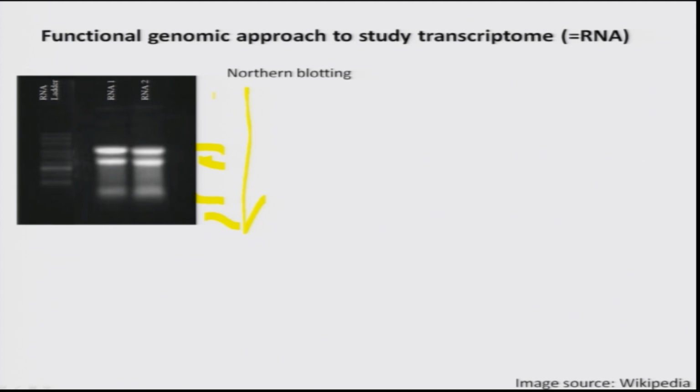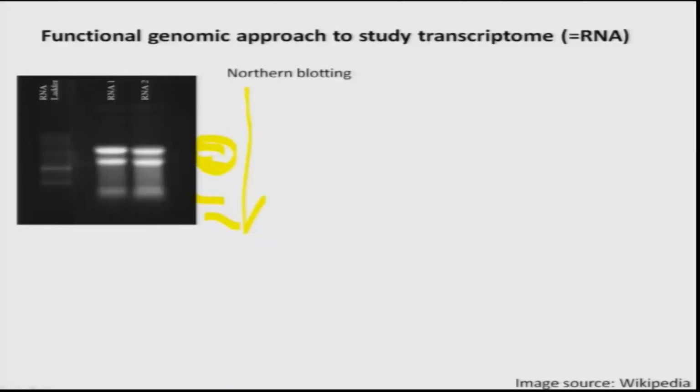And when you put them across an electric field in an agarose gel, the RNA is negatively charged, so it is going to migrate towards the positive pole, and the smaller the RNA, the faster it can migrate because you have pores in the agarose. So, this way you are able to separate by size. What you see here, the two bands on the top are the ribosomal RNAs.